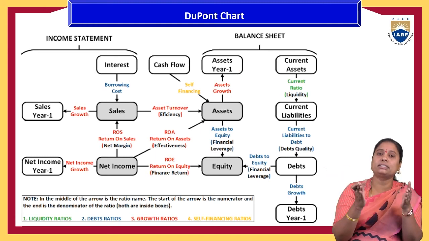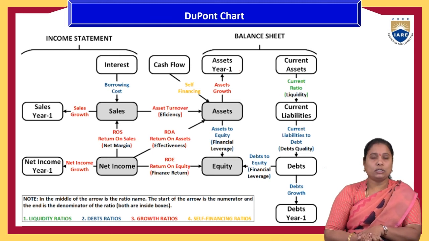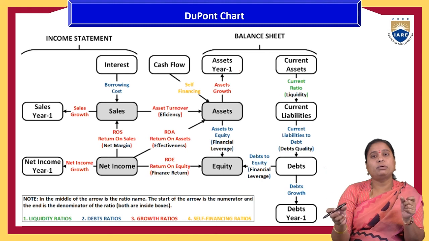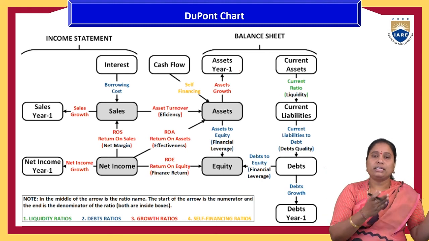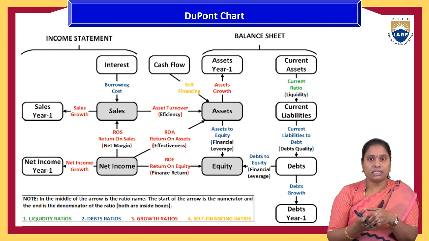Some organizational establishment is required. So how can they start that organization? With limited liability they can start, or with unlimited liability they can start. So there are various kinds of organizations under limited liability and unlimited liability.